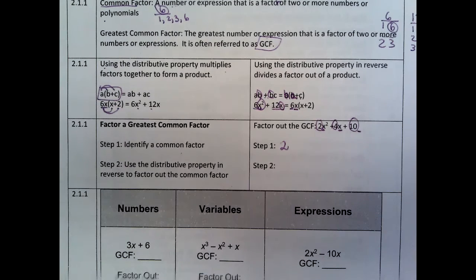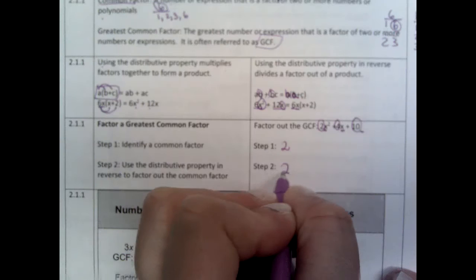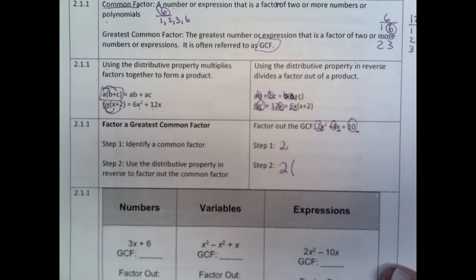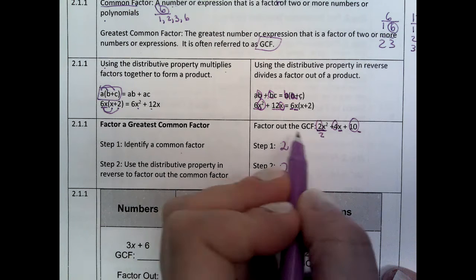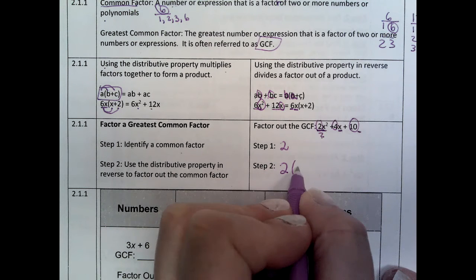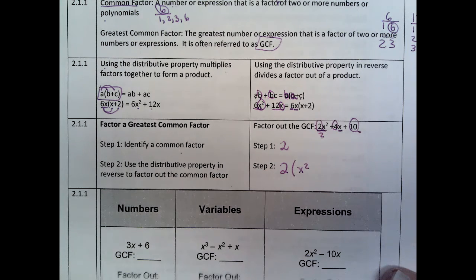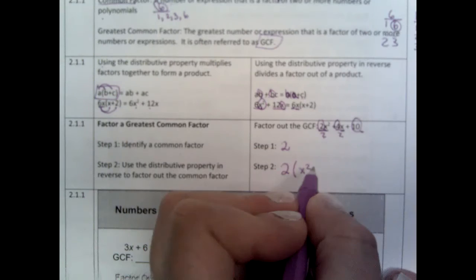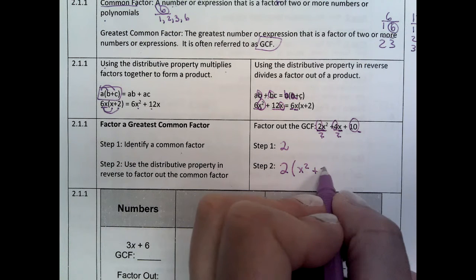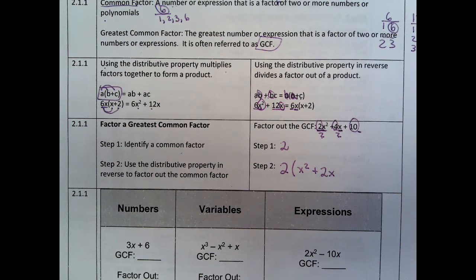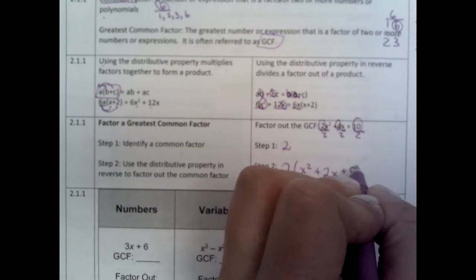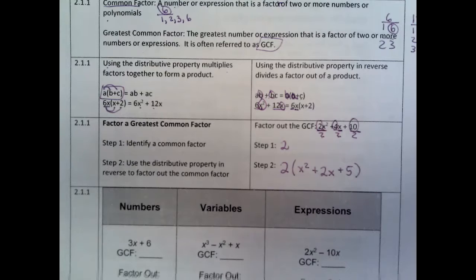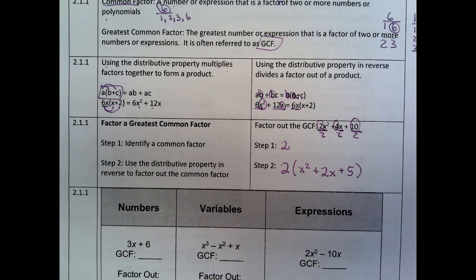So my common factor is 2, and I'm going to factor that out. I'm going to write my greatest common factor first, then a parenthesis, and write whatever's left after I divide. 2x squared divided by 2 leaves me with just x squared. 4x divided by 2: 4 divided by 2 is 2, I did not take an x out, so I'm left with that x. And then 10 divided by 2 is 5. Okay, so that is factoring out just the greatest common factor.